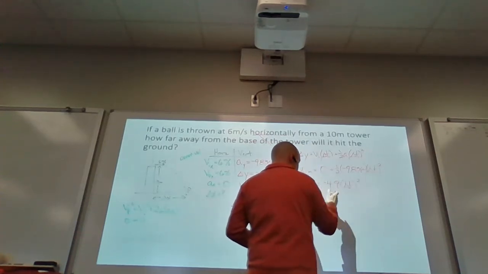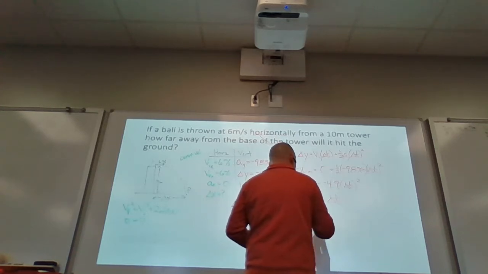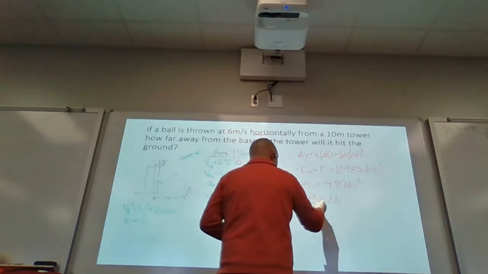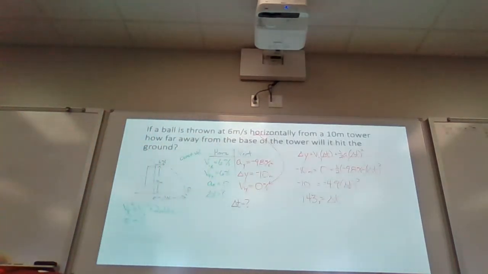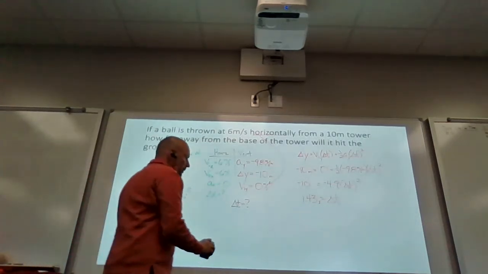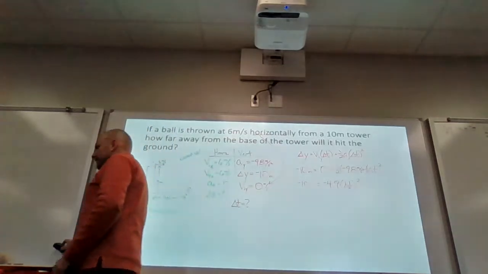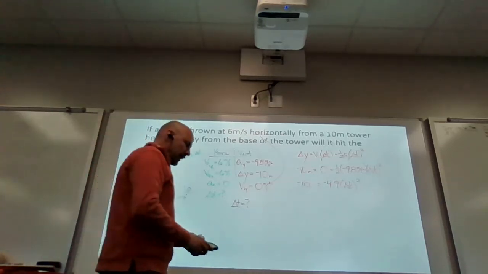Divide that and square root it. 1.43 seconds. Actually, I'm going to be a better teacher than that. Let's do this. 10 divided by 4.9. And negatives cancel out.